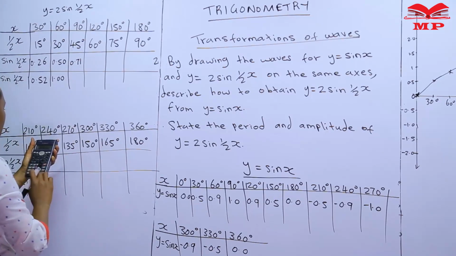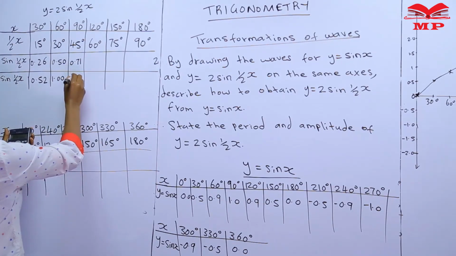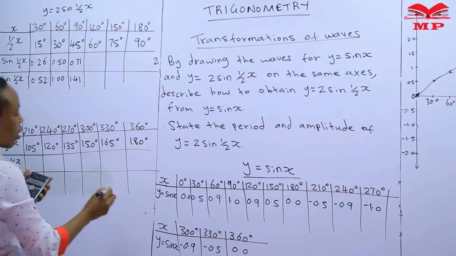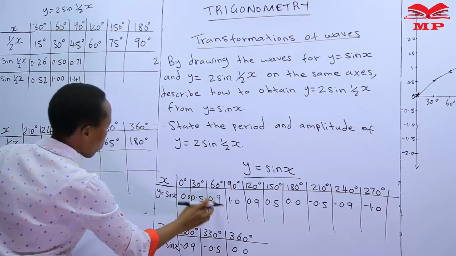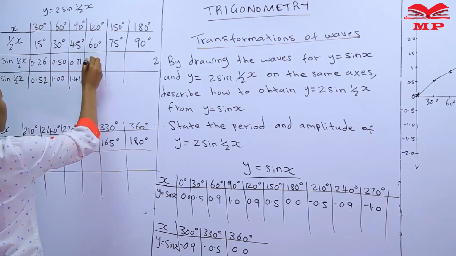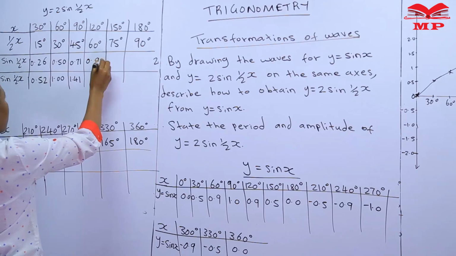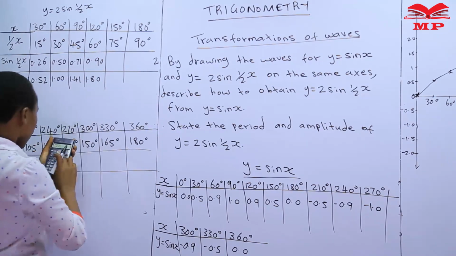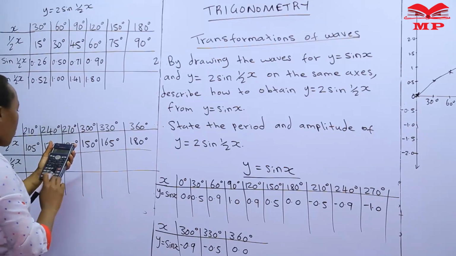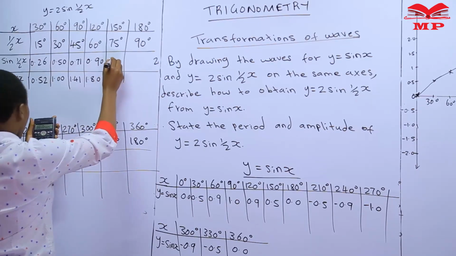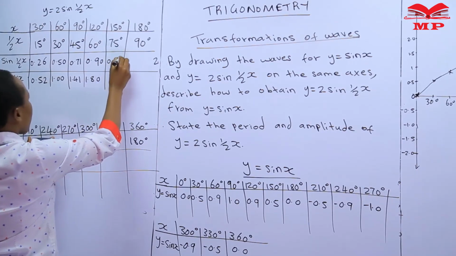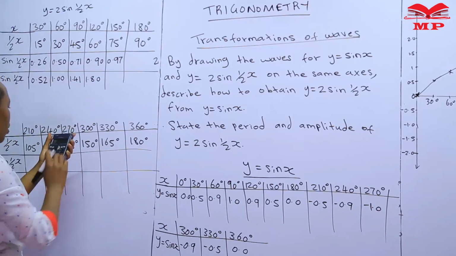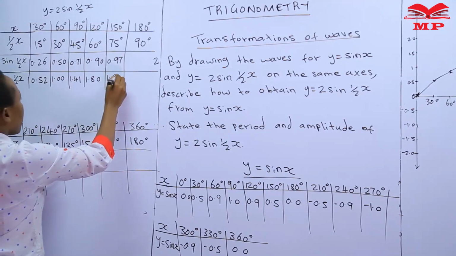When we multiply it by 2, we get 1.41. Then sine 60 is 0.9, and here we get 1.80. Then sine 75 is 0.97. When we multiply it by 2, we get 1.93.